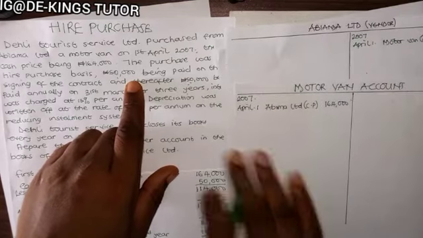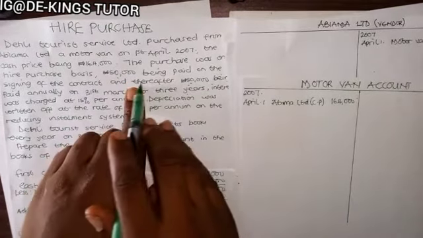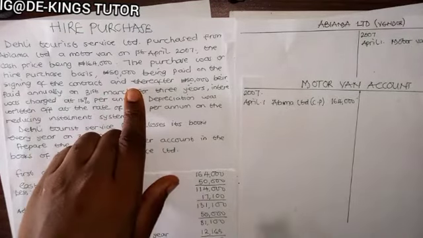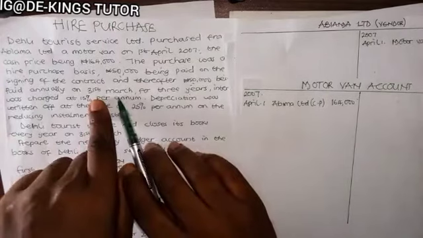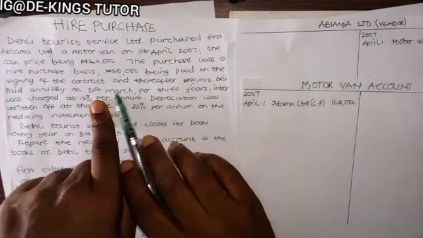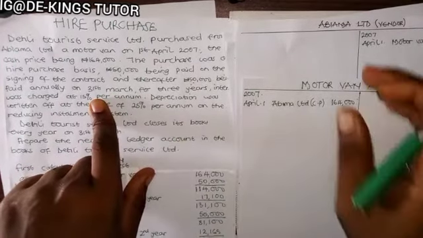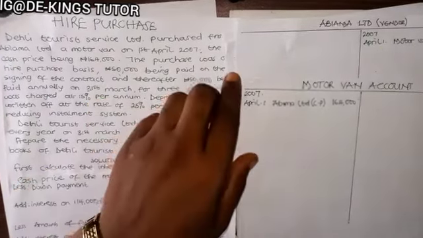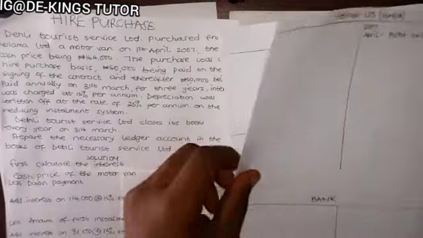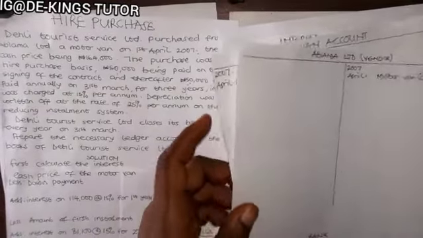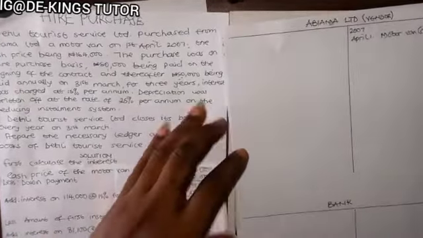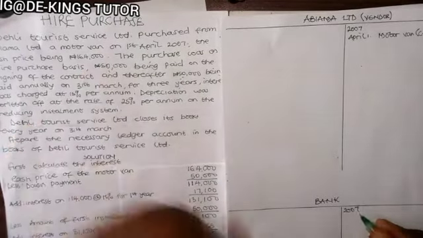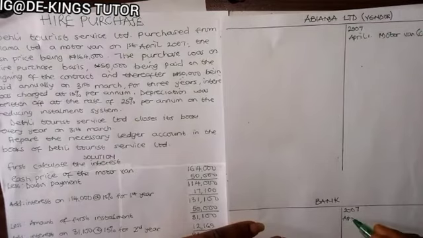So the next is, they said the down payment was made. The down payment, as the purchase was on hire purchase, 50,000 being paid on signing of the contract as initial deposit. So if the initial deposit was made, payment was made, you credit the bank account and you debit the hire vendor's account. So we'll need the bank account. There's a bank account, and the date is still 2007, April 1.